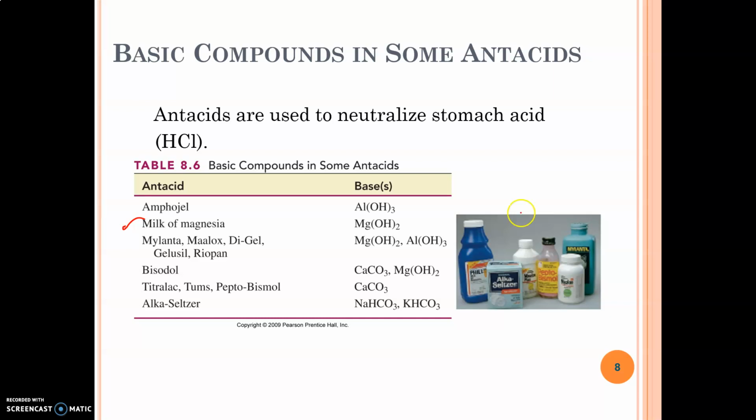These tablets are used to decrease the stomach acid, and they all react as bases. So when you drink that or use that, you neutralize the effect of your stomach acid, and that's how you can treat the heartburn.